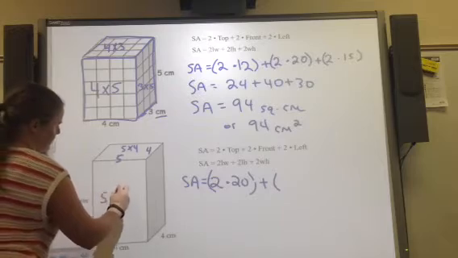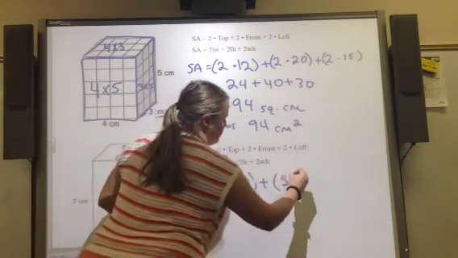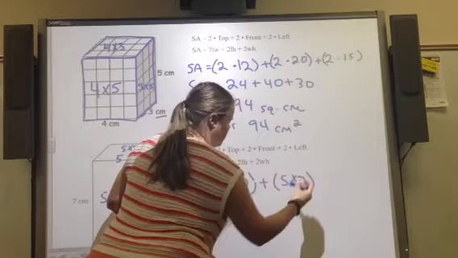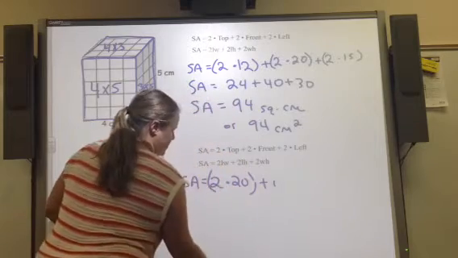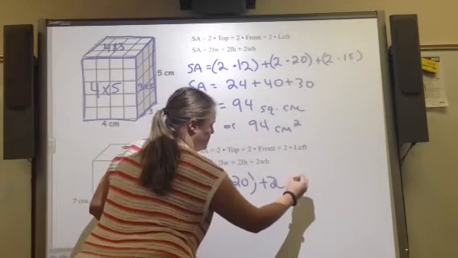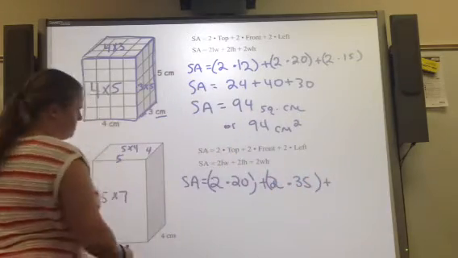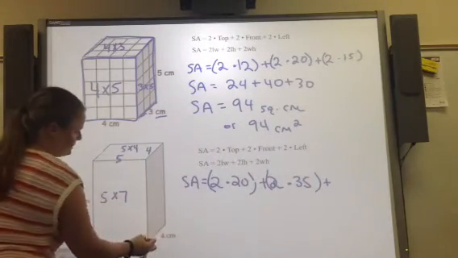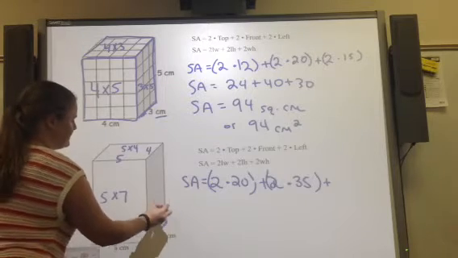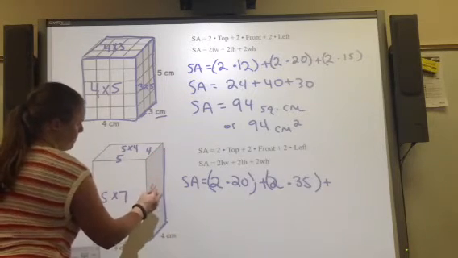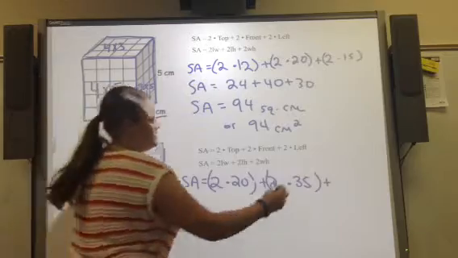So 5 by 7. And then our third part is our side, which is 4 wide and 7 tall. So 4 by 7, which is 28.